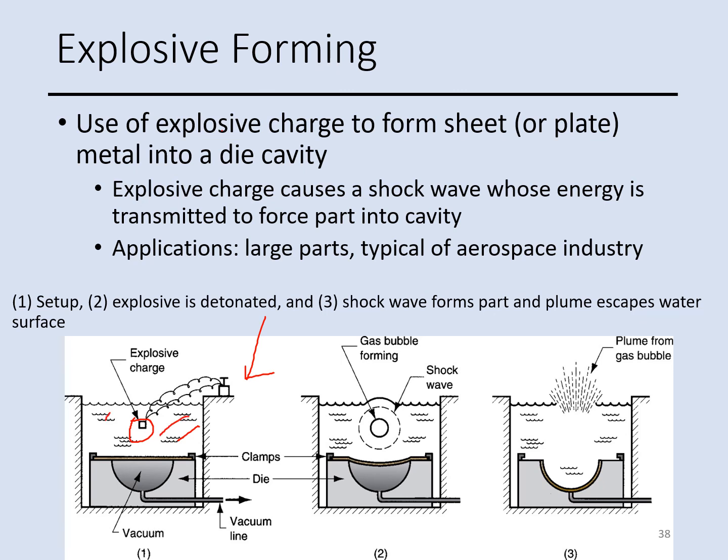It can be water or another liquid, and then this explosive charge is detonated, and it creates a shock wave like this picture, and that shock wave forms the part.